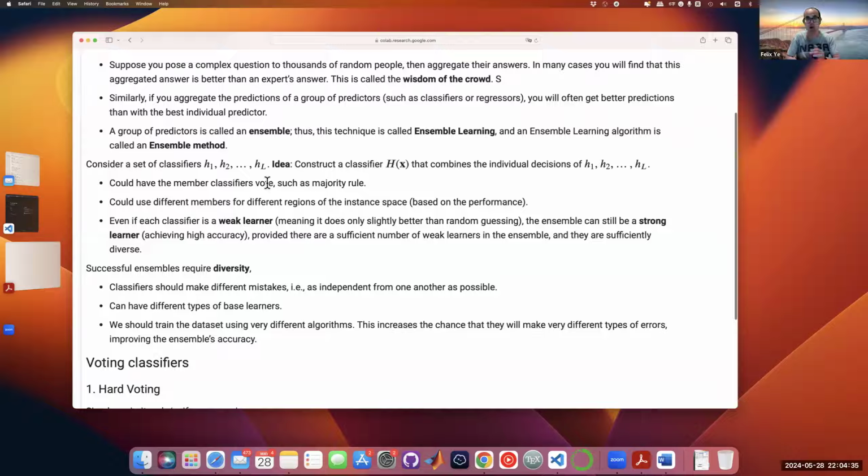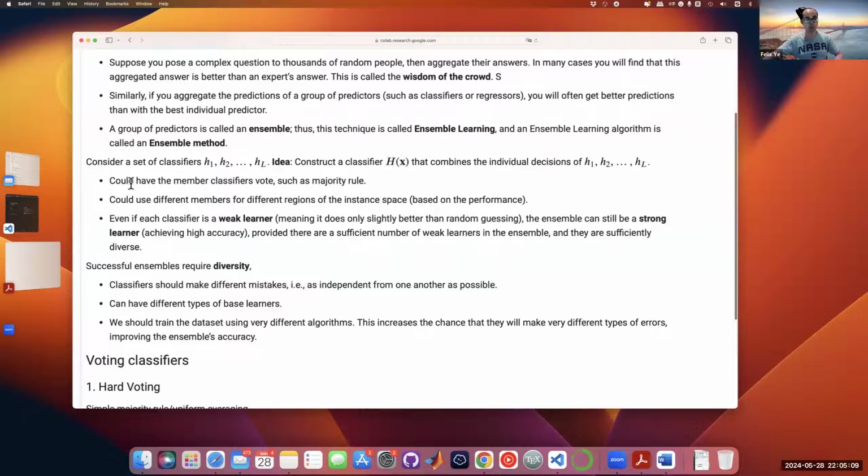You want to construct an ensemble classifier that combines the results from each of these L classifiers.